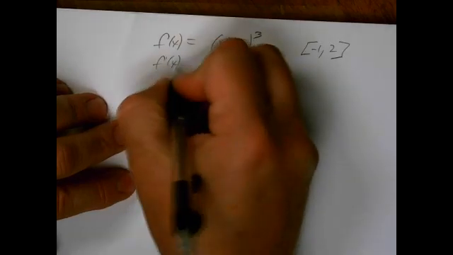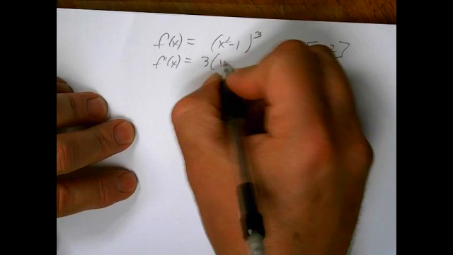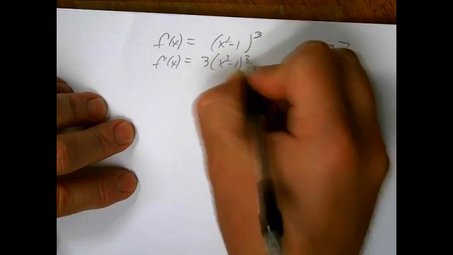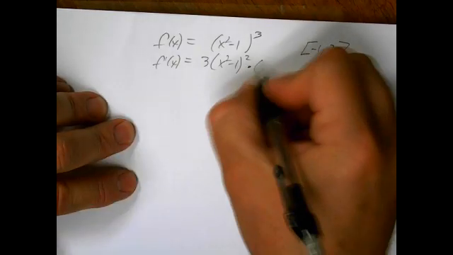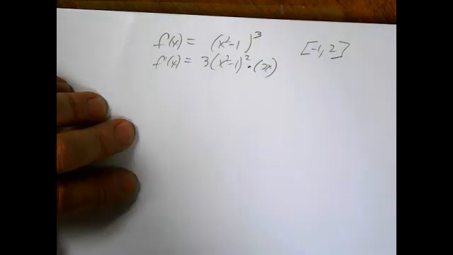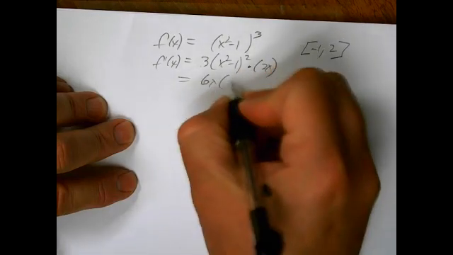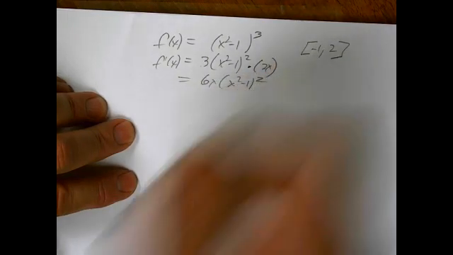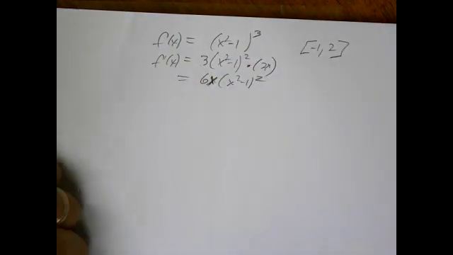So, f prime of x is going to be a 3, the power comes down, x squared minus 1 to the second power, times, we'll come inside for a chain rule, and we have a 2x. 3 times 2x is a 6x. Make that look more like an x and less like a lambda. And there's my derivative.